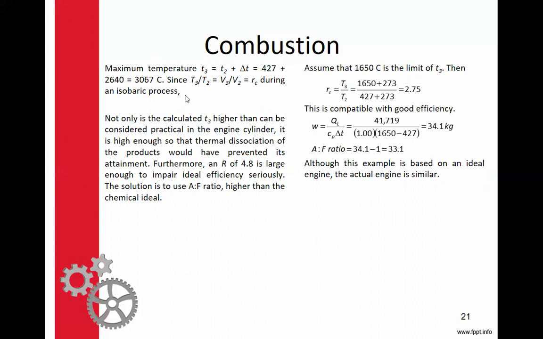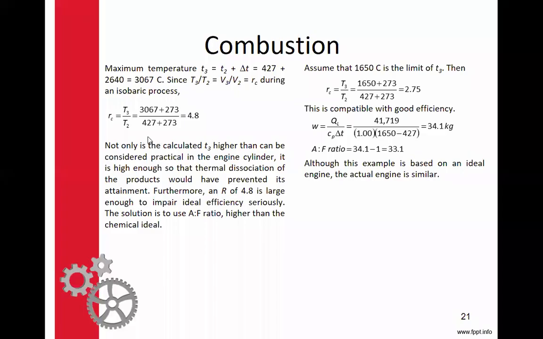Since T3 over T2 is equal to V3 over V2 is equal to R sub C during an isobaric process. So R sub C is equal to T3 over T2, which is 3067 plus 270 over 427 plus 270, is 4.8.